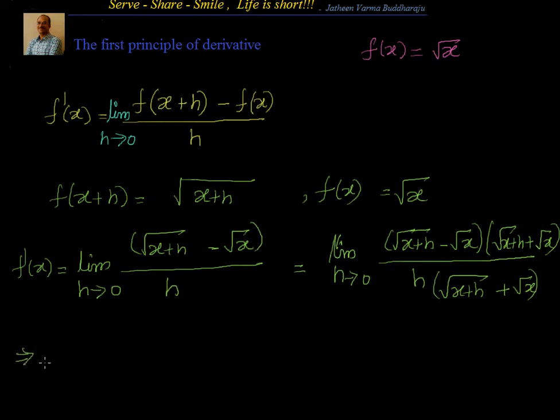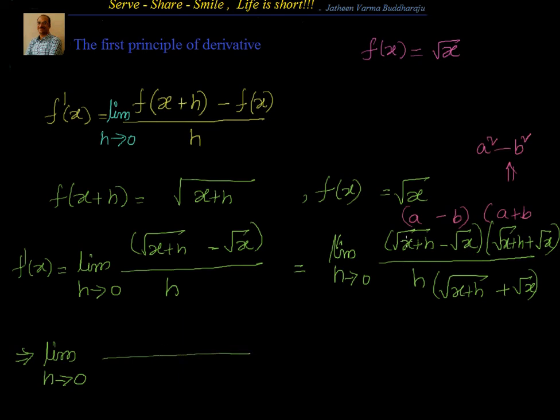The next step will be limit h tends to 0. Now this is in the form of (a minus b) into (a plus b), which is nothing but equal to a square minus b square. So let's put that down, a square minus b square.